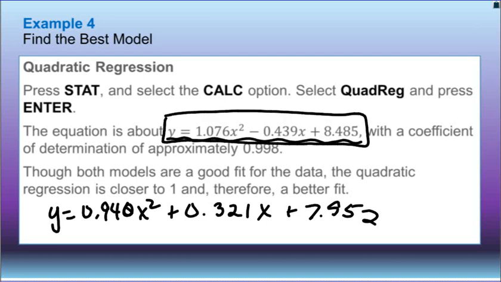So this would be the correct one, not the other, because I didn't put the last 2 points on there. If you don't put all the points in your calculator, it'll give you the correct equation for the points that you put in there, but if you change something from the original problem, it will affect your overall answer.